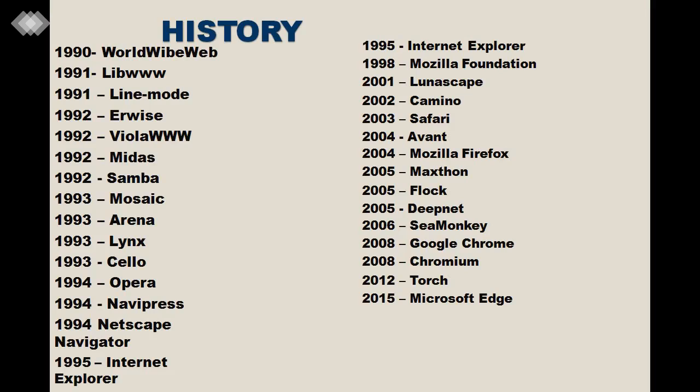So these are the different web browsers which are related to their different histories, when they were designed, when they were published. So here is Tim Berners-Lee, who designed the first web browser. Here you can see the scientist who designed the first web browser.